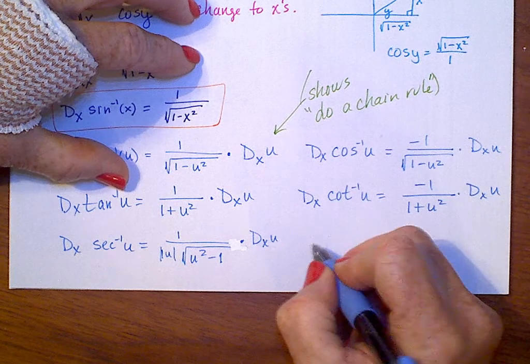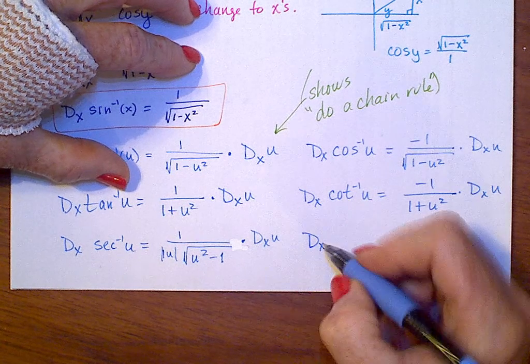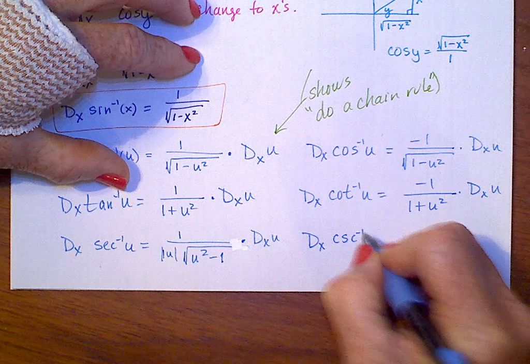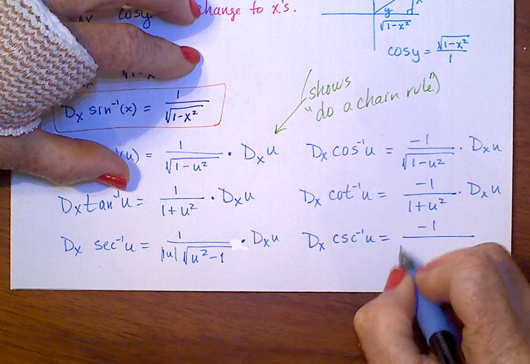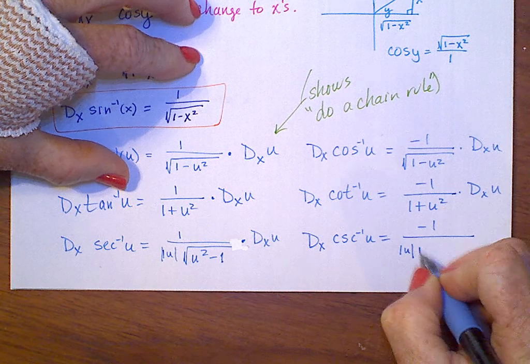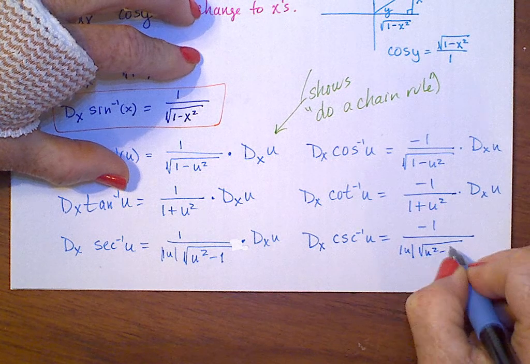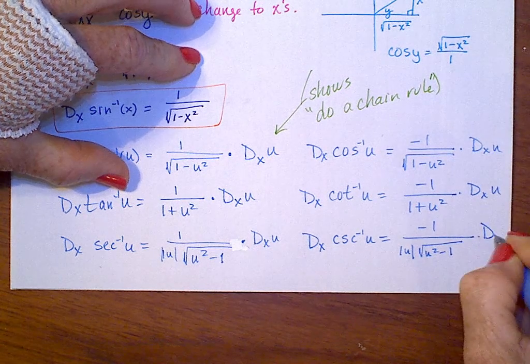And the derivative of inverse cosecant u is negative 1 over absolute value u times the square root of u squared minus 1 times the derivative of u.